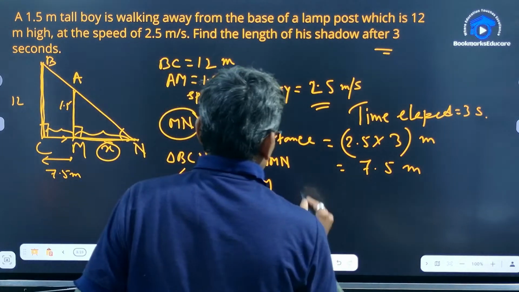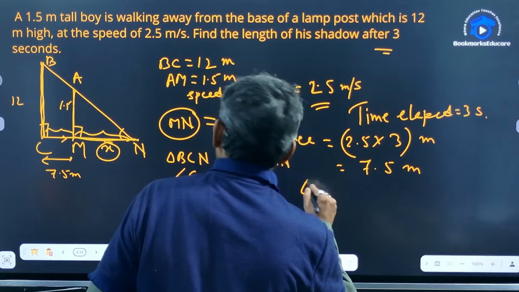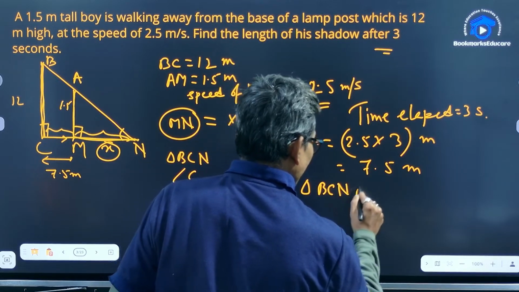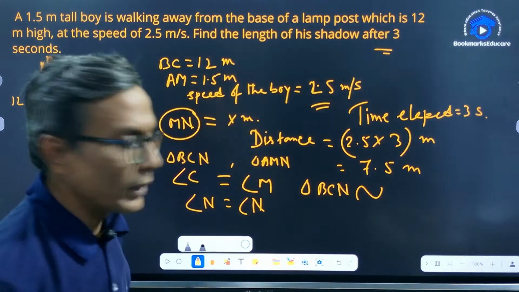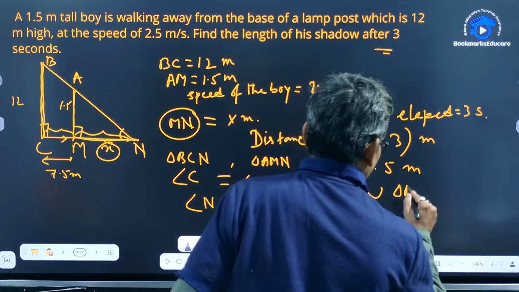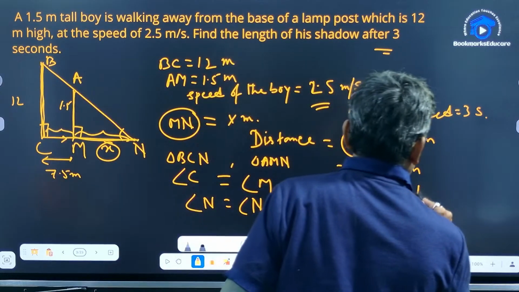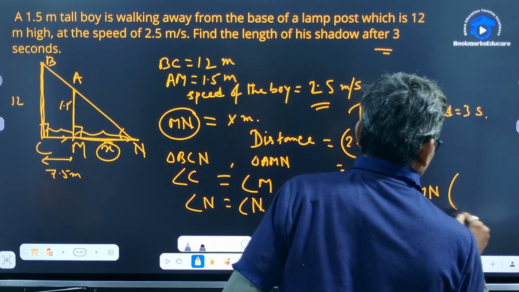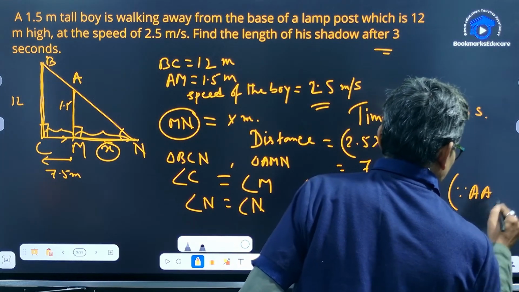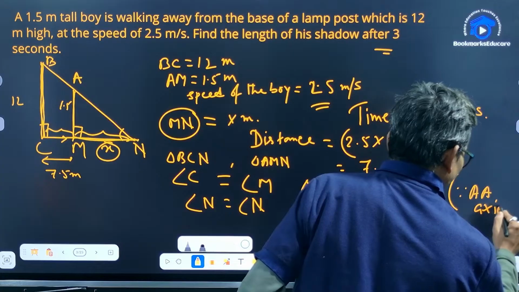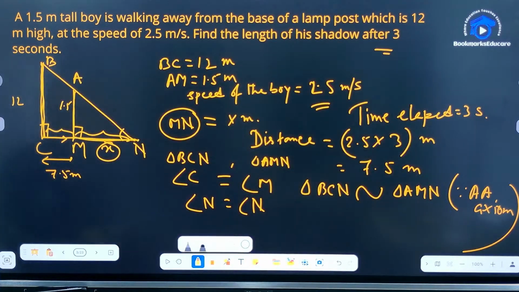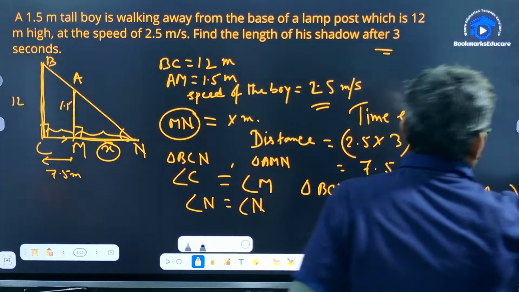So triangle BCN is similar to triangle AMN by the angle-angle similarity axiom.